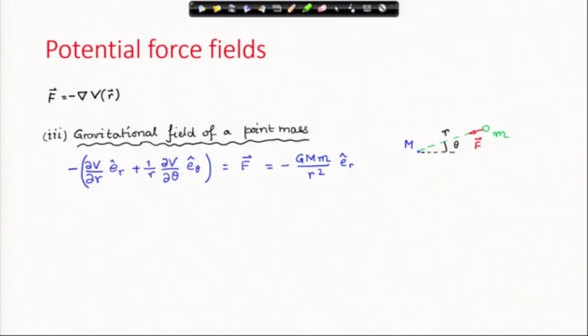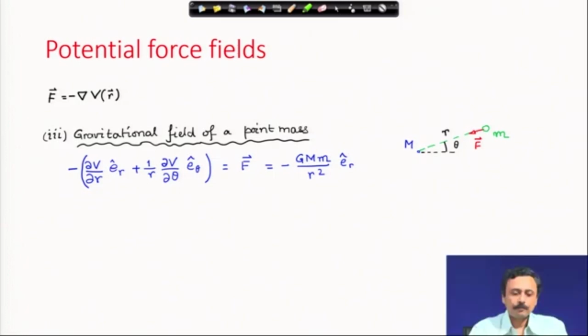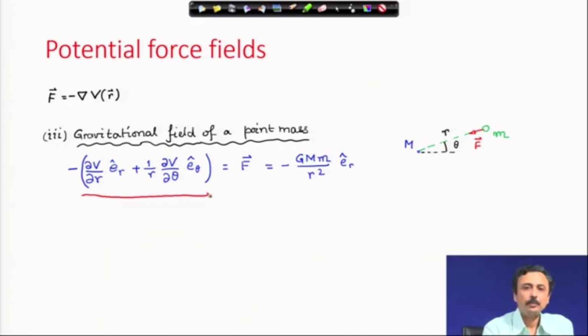Let us look at the gravitational field of a point mass. This is the negative gradient of a scalar potential in polar coordinates. This you can check.